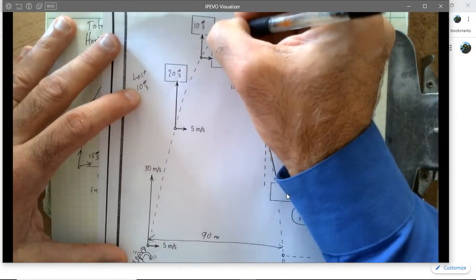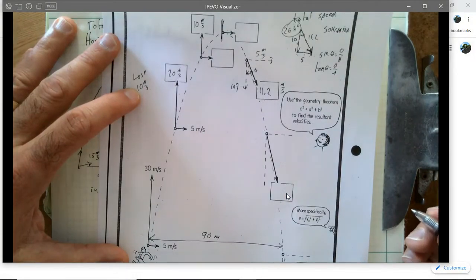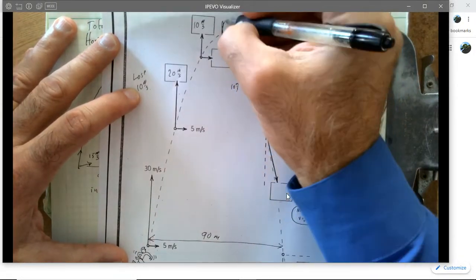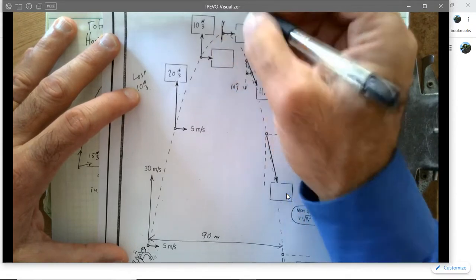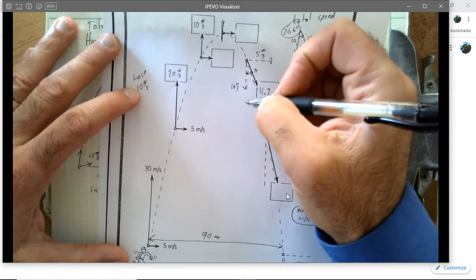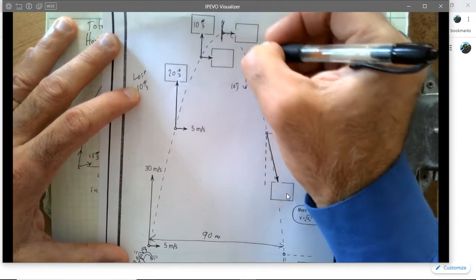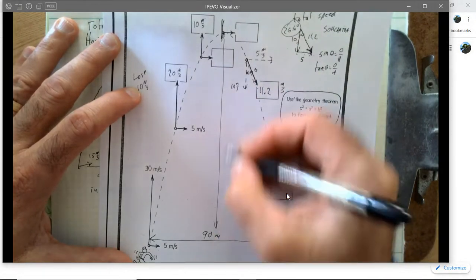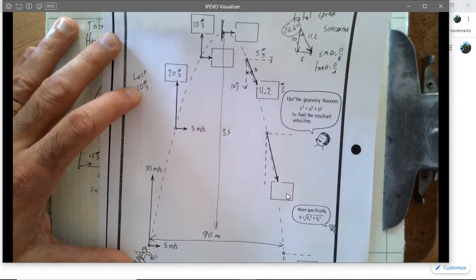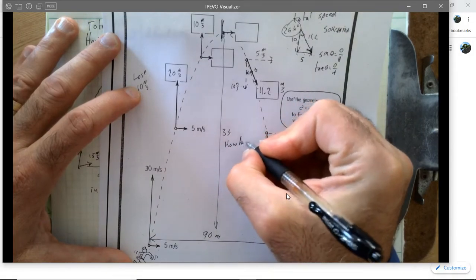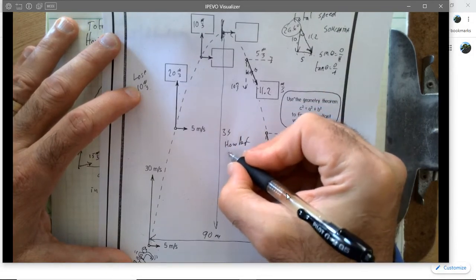Now, if we freeze frame it at the apex, at the top of its trajectory, this is just like we dropped the ball from the top of the trajectory. It started here and then falls straight down for 3 seconds. And the question now is, how fast is it going when it hits the ground?